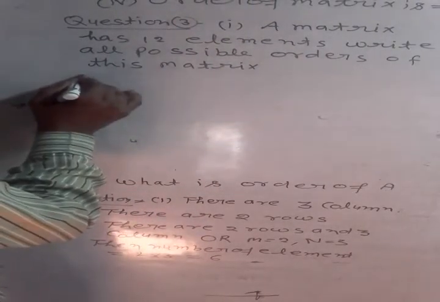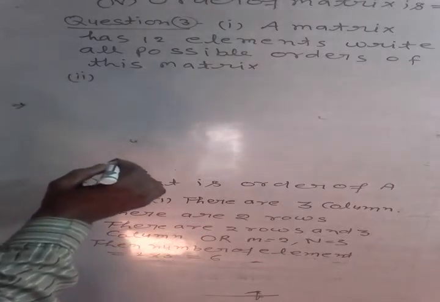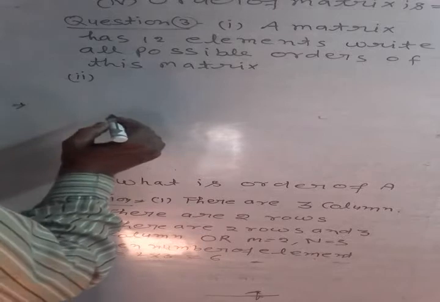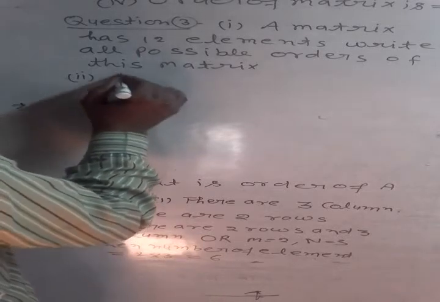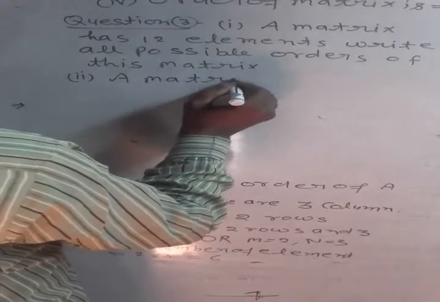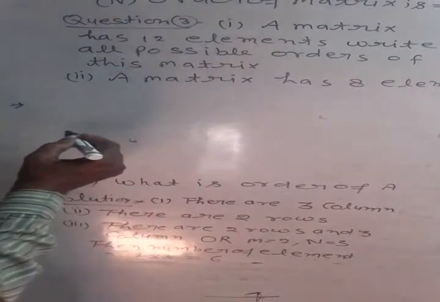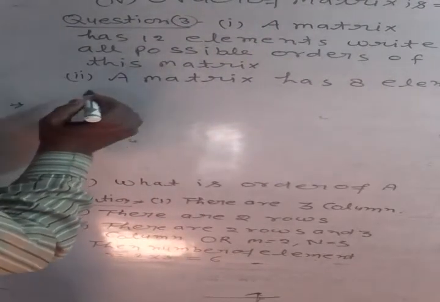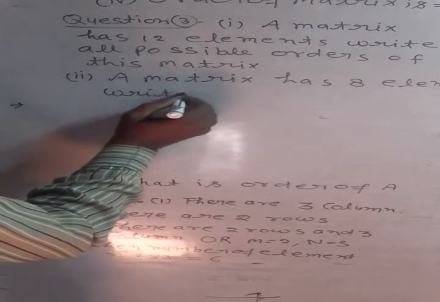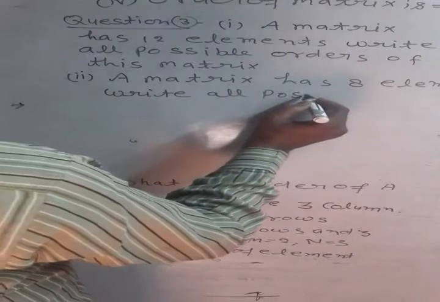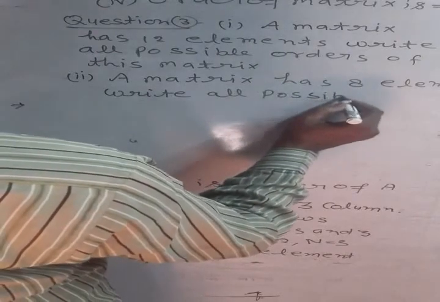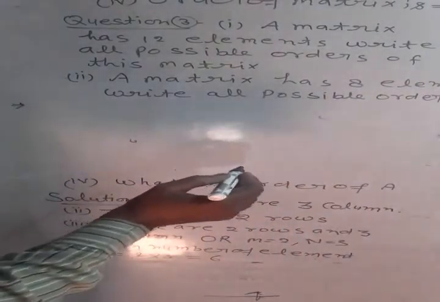Second number, a matrix has 8 elements. Write all possible orders of the matrix.